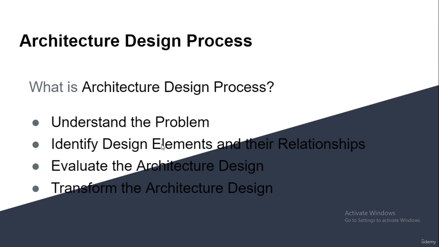Identify design elements and their relationships. In this phase, build a baseline for defining the boundaries and context of the system. Decomposition of the system into its main components based on functional requirements.